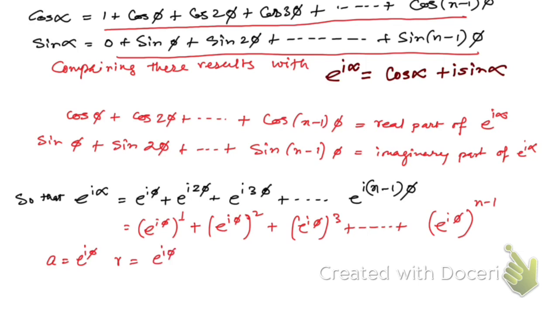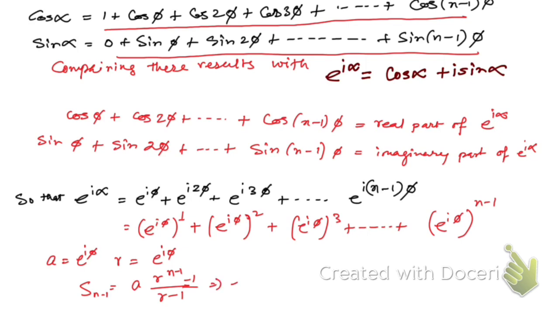And we know that the sum of a GP up to nth term is given by this formula, a into r to the power n minus 1 by r minus 1, and here we have n minus 1 terms, so here we're going to have 1 minus n, right? So that's what we're going to have. So now you see, if we put the value of a and r, then this sum is nothing but this one, right?